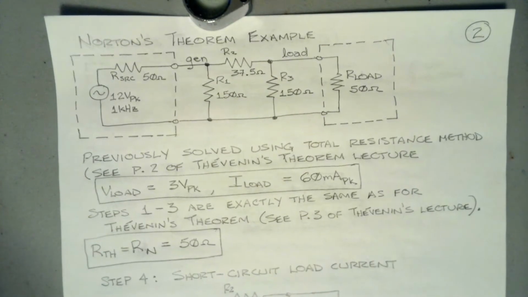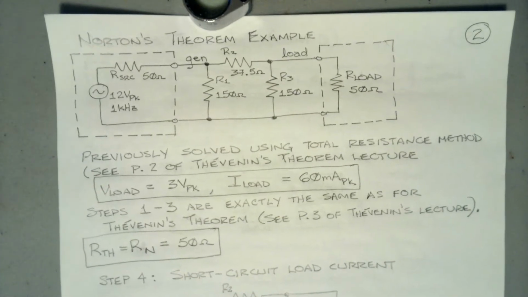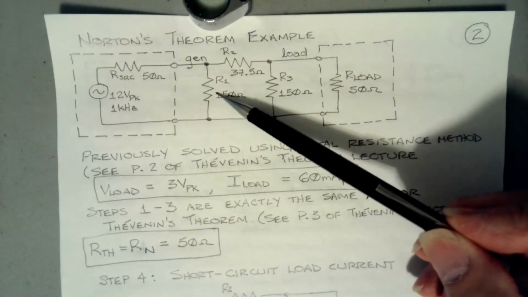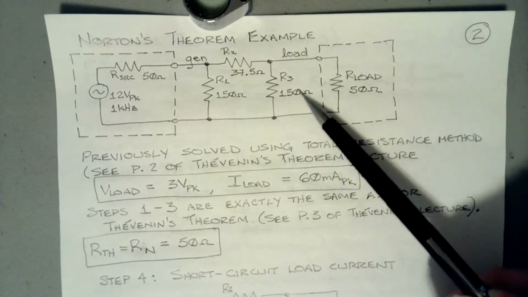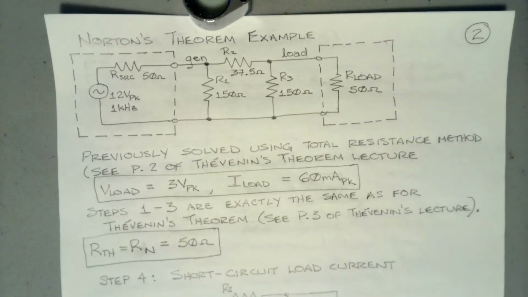Mathematically, there's a Thevenin theorem and a Norton theorem and all sorts of ways of handling it, so the mathematics doesn't care either way. In practice, it's easier to build a voltage source and then build something to give you a constant current. So we have R1 is 150 ohms, R2 is 37.5 ohms, R3 is 150 ohms, and a 50 ohm load.